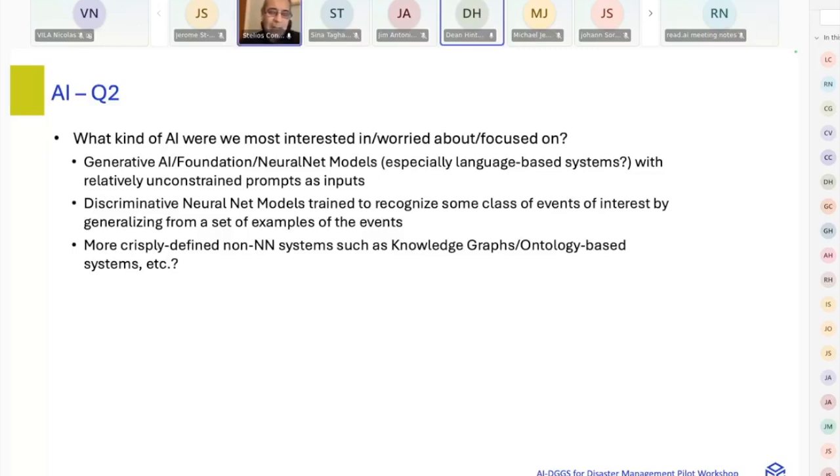And, again, in general with OGC, we're pretty good at standards around integrating data, integrating schema, integrating services. We're less good at defining standards around domains.